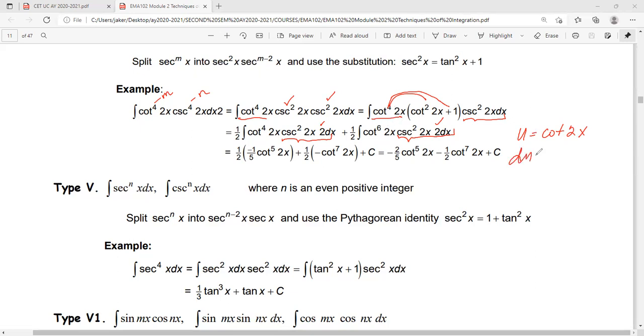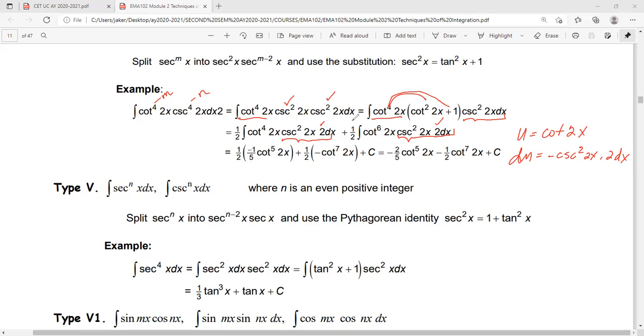The du of that, using chain rule, is negative cosecant squared of 2x times 2 dx. So that's the reason why there's a need for the multiplication of 2 here. And there's now a 1/2 before each integral. That's the purpose. You multiply the 2 integrals by 2/2 because you need the 2 in the derivative.